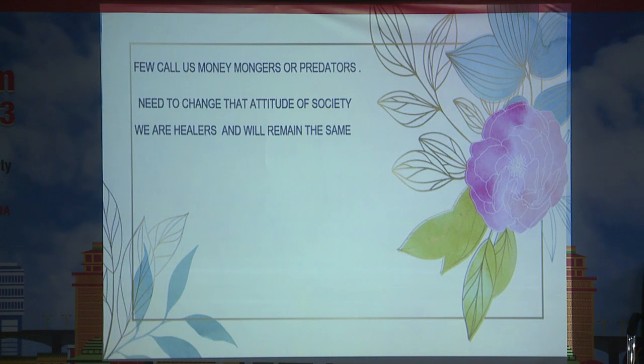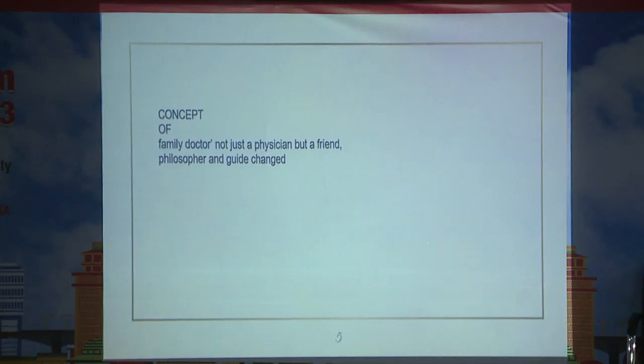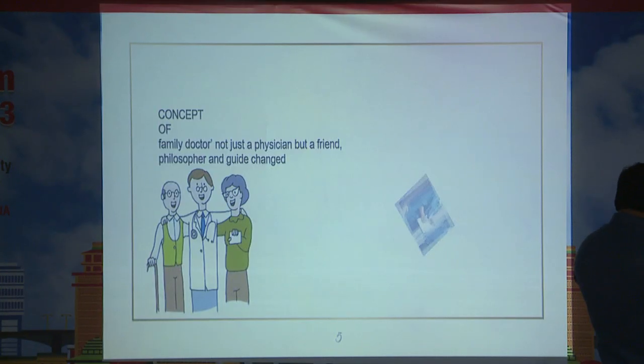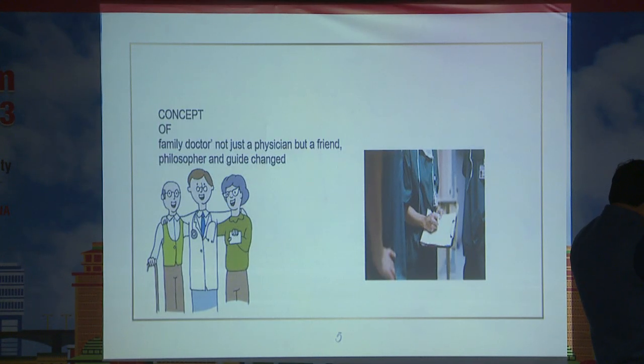Healers will remain the same, but the thing is record keeping. The concept of family physician is changing. Those days are gone. Yes, we have to be empathetic towards the patient, but we have to be very much up to date in records.